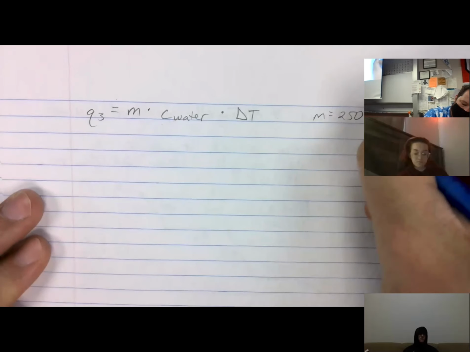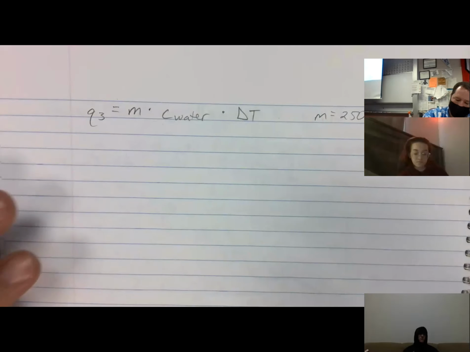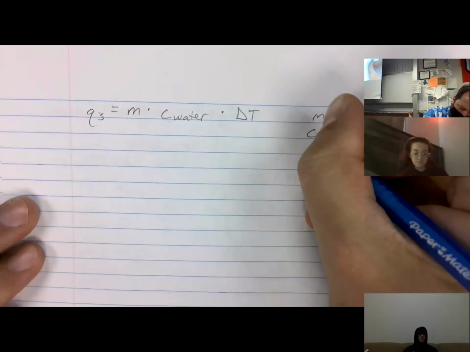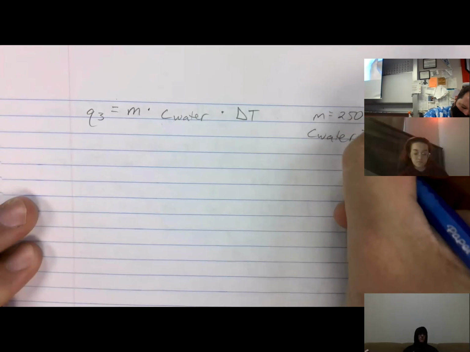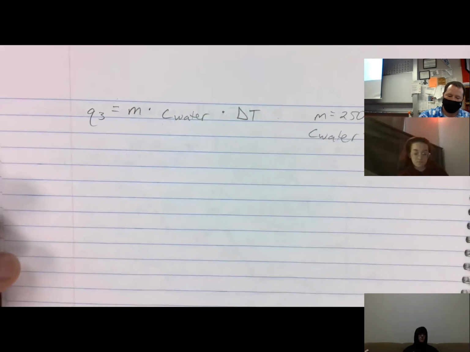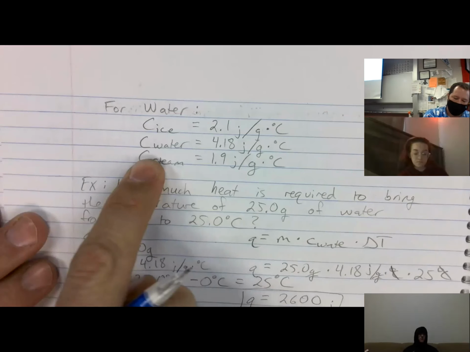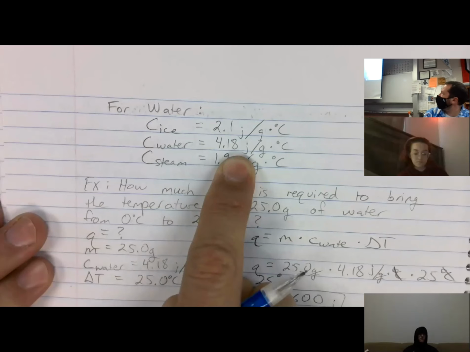Hey, our mass is still 250 grams. Nothing's changed about that. Specific heat of the water, got to look back in the notes. The C of water, 4.18 joules per gram degree Celsius.